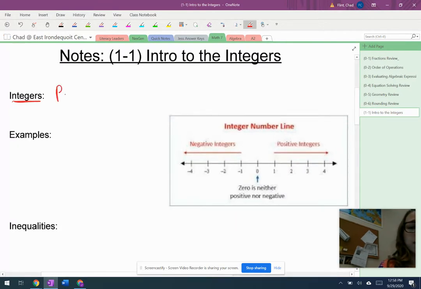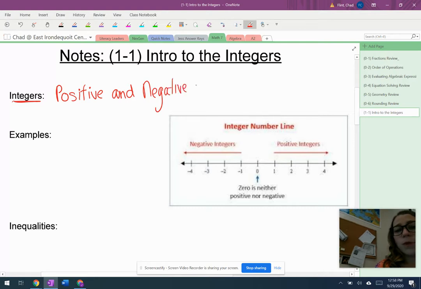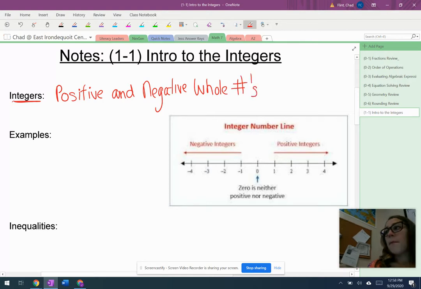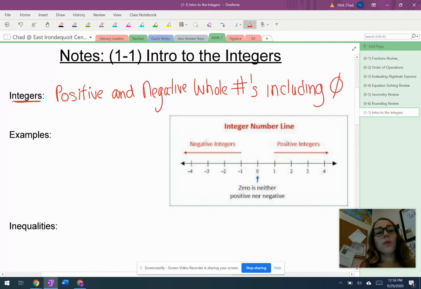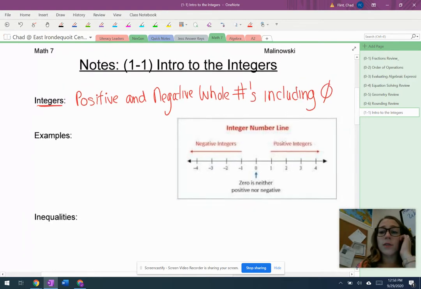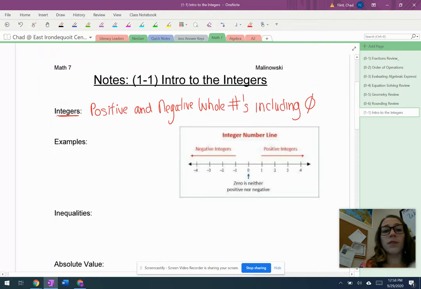Integers are simply positive and negative whole numbers, including 0. So you'll notice that when I'm writing notes, I always do my zeros with the little line through like that. And that is just so that you know the difference between my zeros and my letter O's.